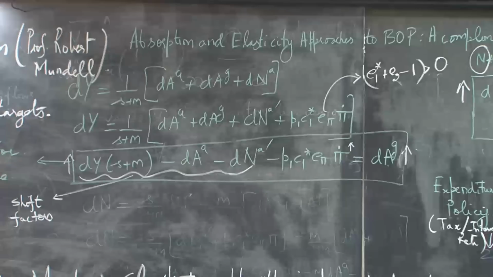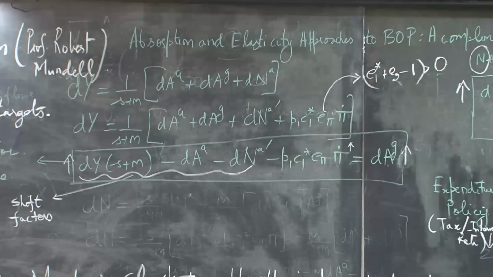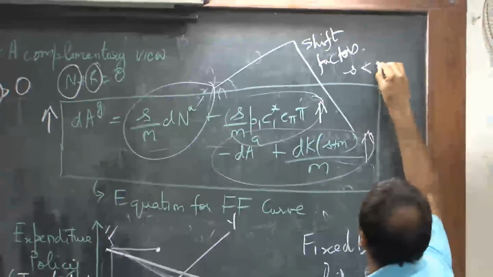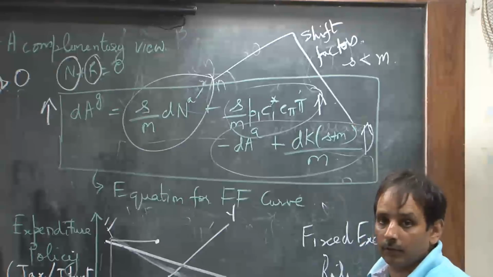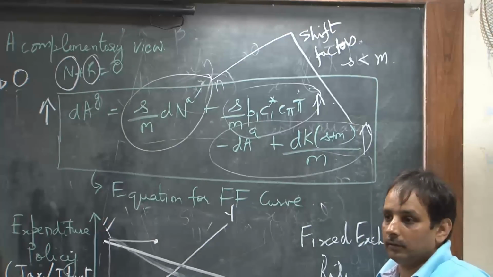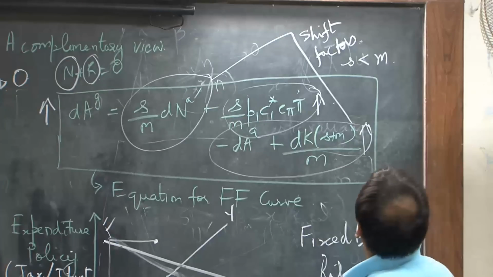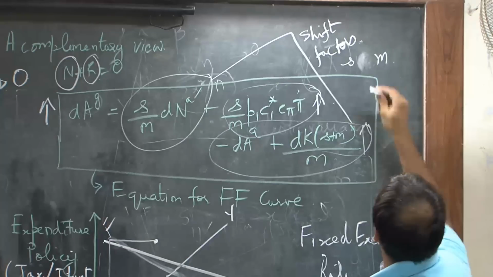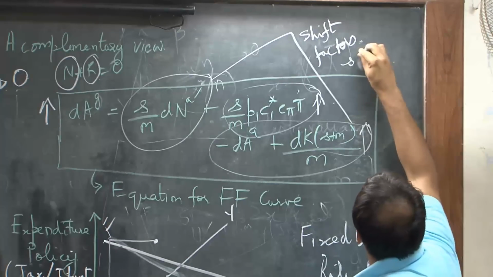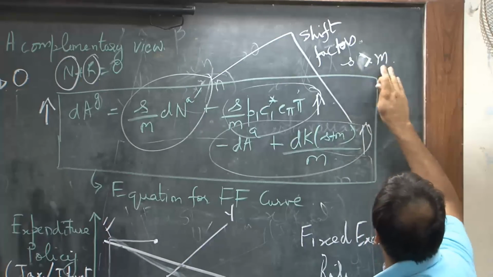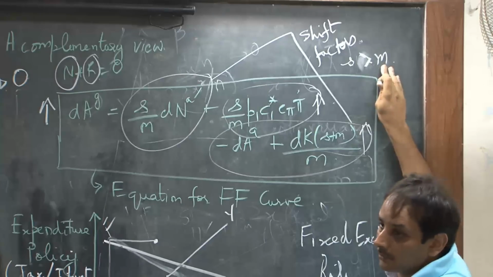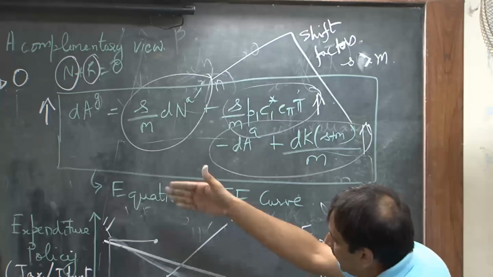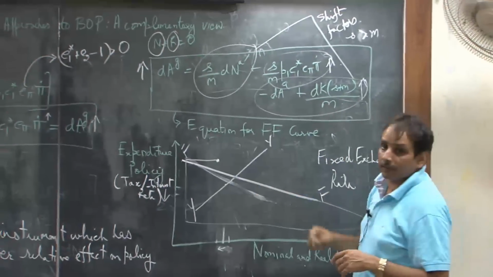The normal case is when the marginal propensity to save is greater than the marginal propensity to import. Sorry, correction. This is a normal case. And that's why you see a steeper FF curve.